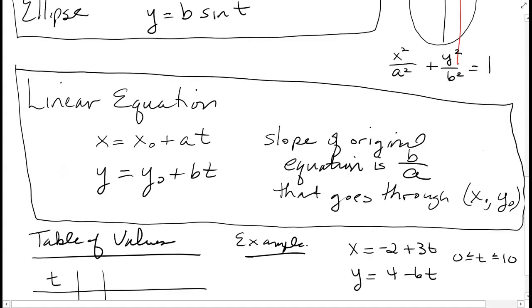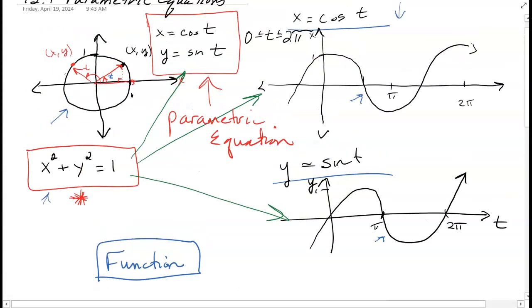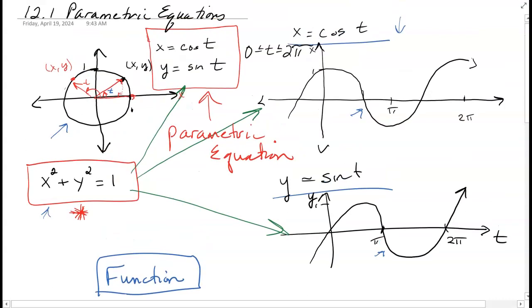So to emphasize that, let's go back to that circle for a minute. When we're working with basic x squared plus y squared equals 1 on our simple xy coordinate system, we know x is always the independent variable and y is the dependent variable, because we're often working with functions and we say y is a function of x. Notice when we did these graphs separately, t on both of them became that independent variable.